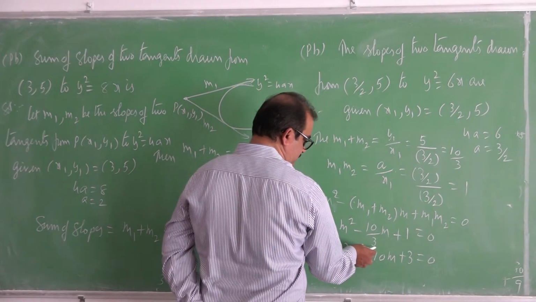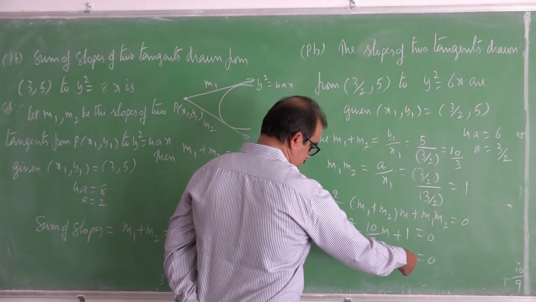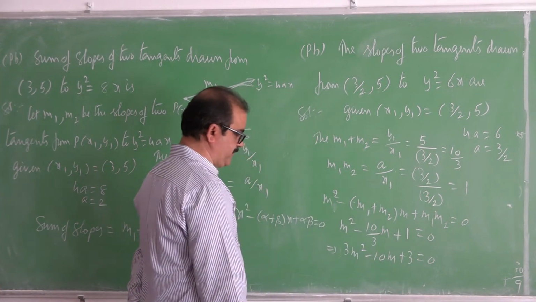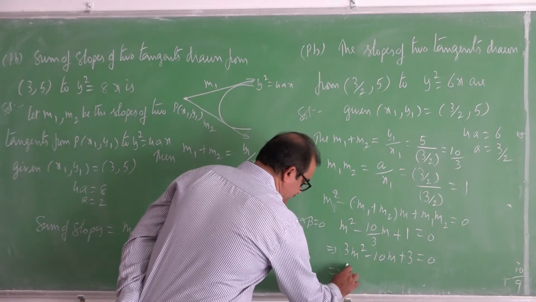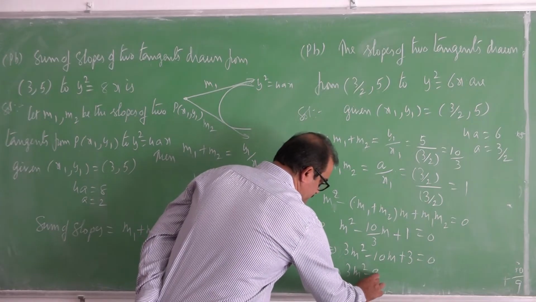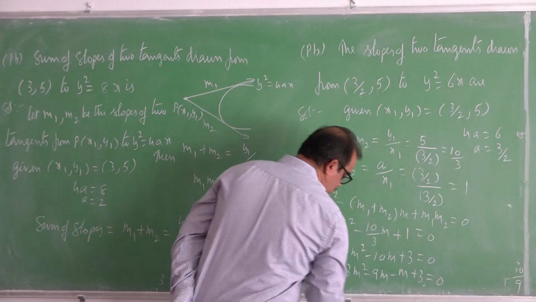Now solve this and find the value of m. On cross multiplying, 3 into 3, 9. 9 plus 1, 10. 3m square minus 9m minus m plus 3 is equal to 0.